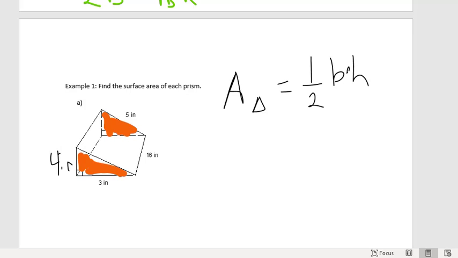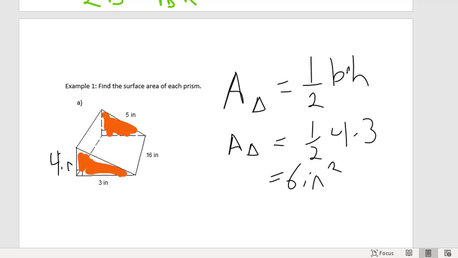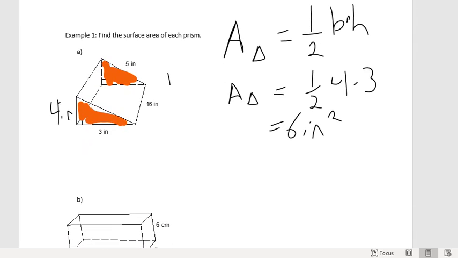So the area of this triangle is 1/2 the base, which is 4, times the height, which is 3. So 4 times 3 is 12, times 1/2 is 6, so it's 6 inches squared. All right, the perimeter of the triangle is 4 plus 5 plus 3, so 12.